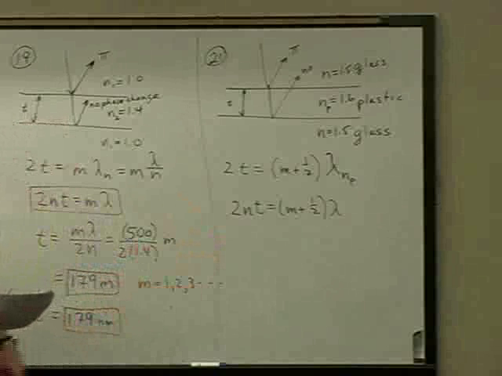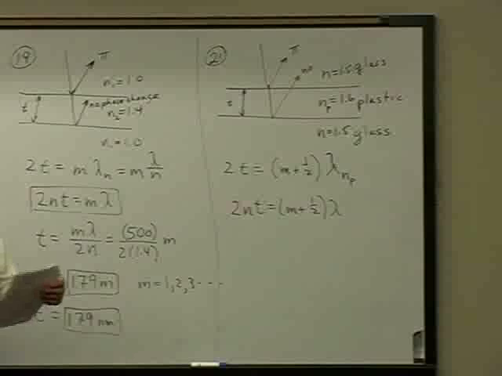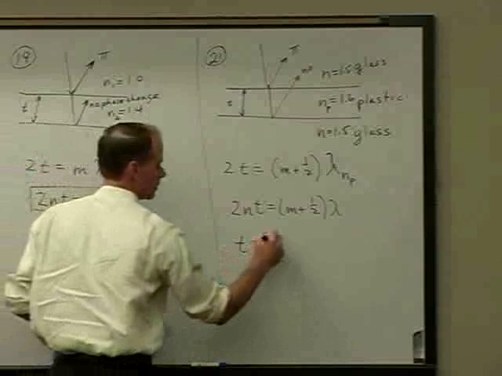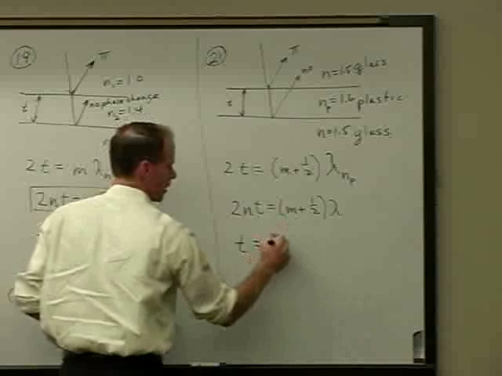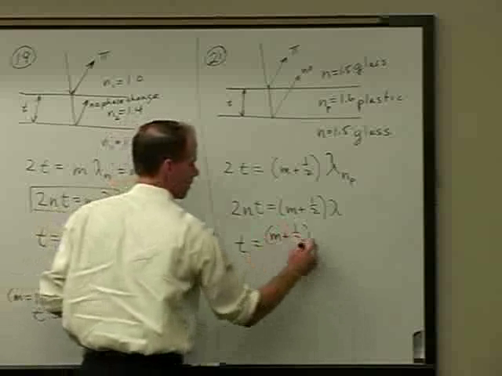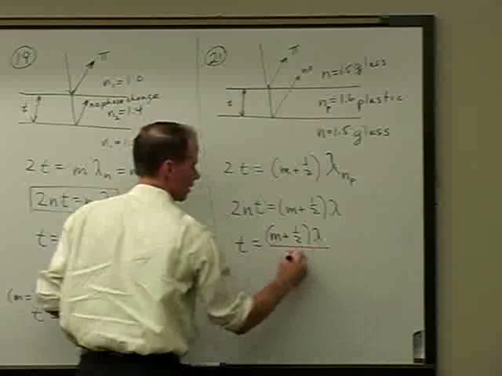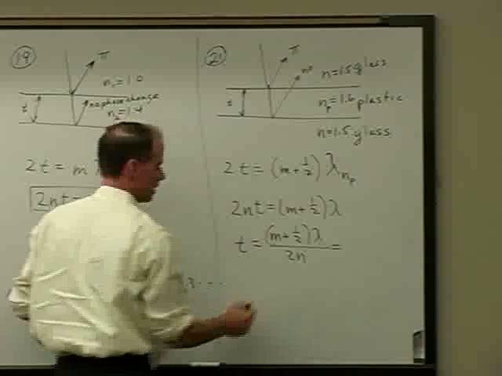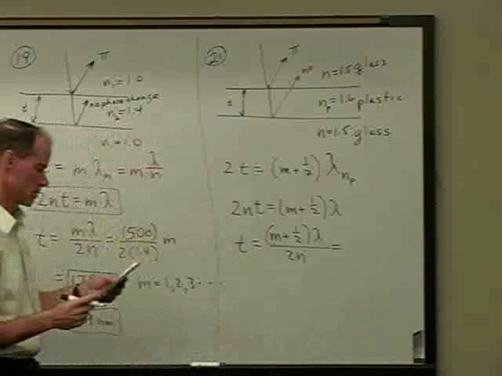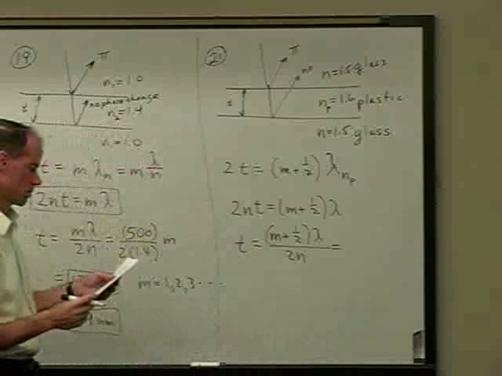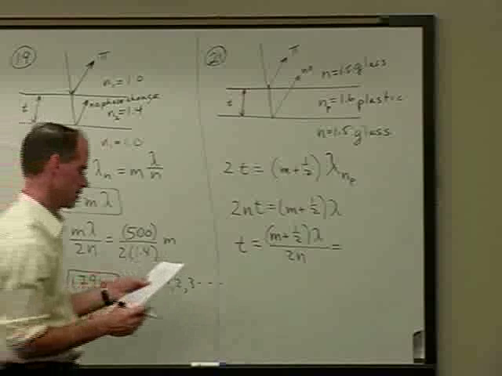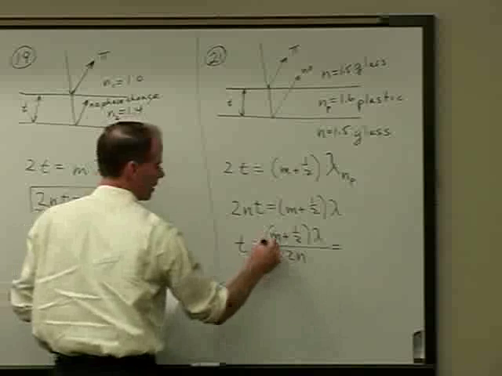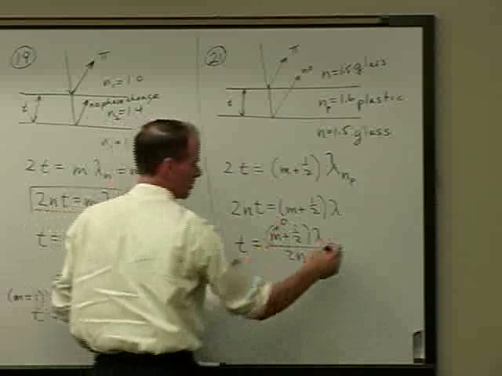So we want to find the thickness to provide constructive interference. So that would be equal to m plus 1 half lambda over 2n. Let's go with m equal to 0. Let's go for the minimum thickness.